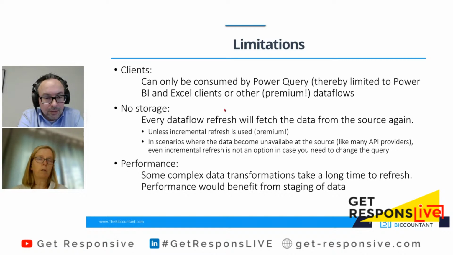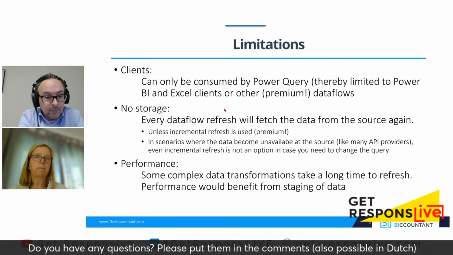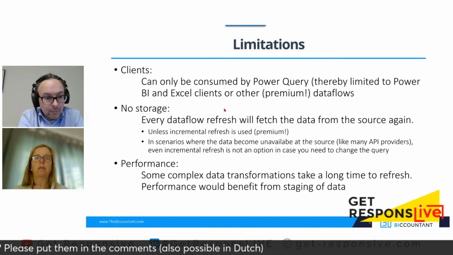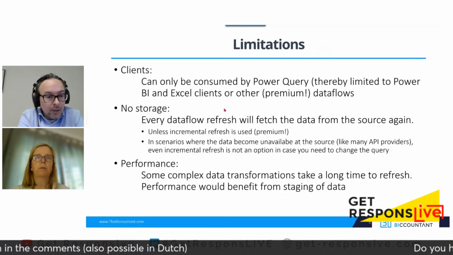If I want to do reports that cover larger time frames, then I don't have the data anymore. So that's also a use case where it would make sense to ingest the data and store it in my own repository and build up a history of data that I can then use for reporting purposes.